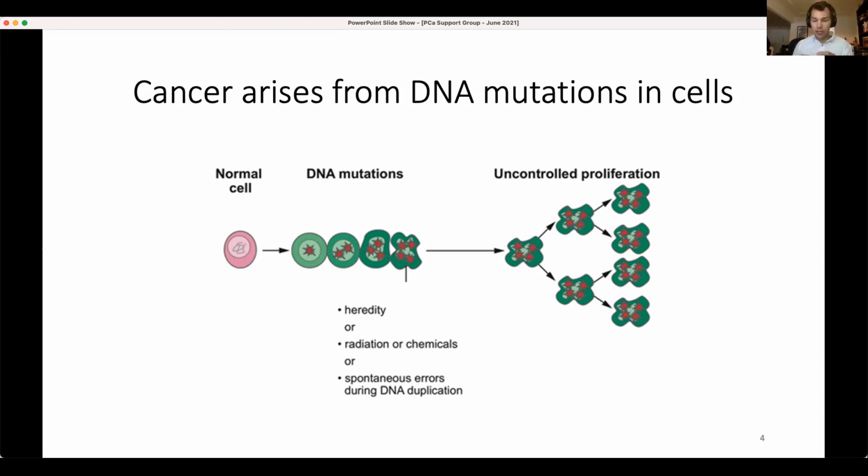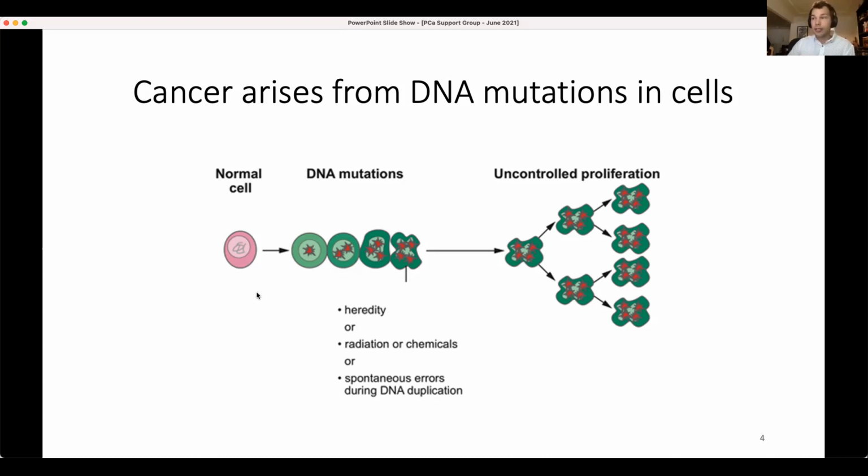And this spurs a bit of a runaway process where the mutation causes the cell to be less stable and it acquires more and more mutations through subsequent cell divisions. And eventually you get this total runaway process where you have uncontrolled proliferation. And this is what, in fact, cancer is.